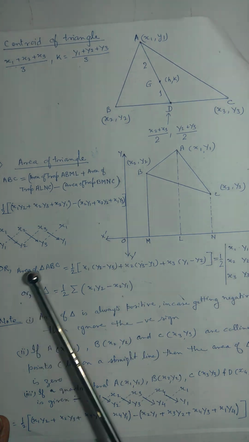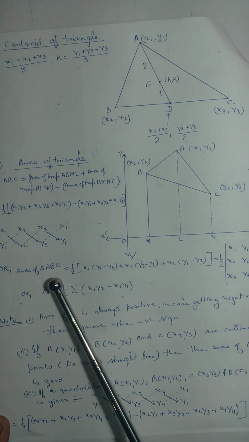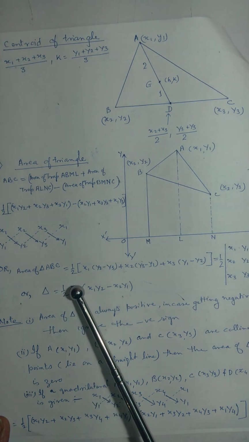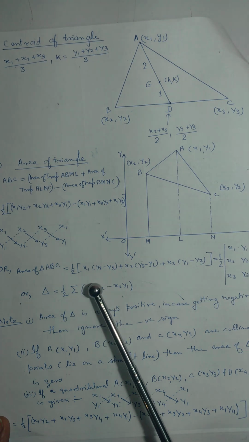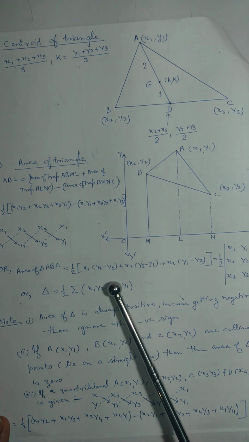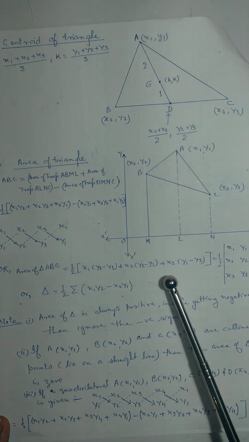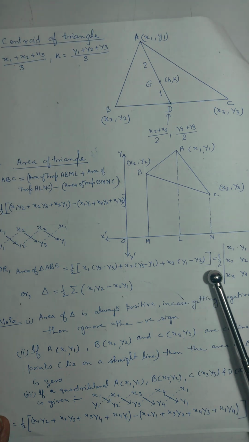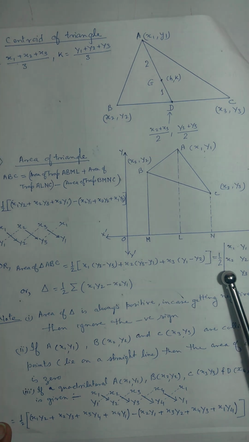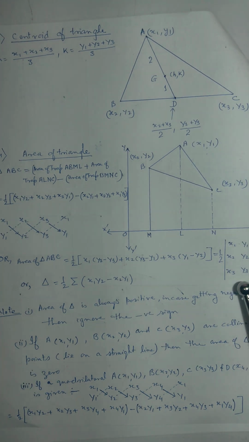So either you just remember this formula or this. The area of triangle ABC will be equal to 1 by 2 of x1 (y2 minus y3) plus x2 (y3 minus y1) plus x3 (y1 minus y2), and that will be equal to 1 by 2 determinant x1 y1 1, x2 y2 1, x3 y3 1.